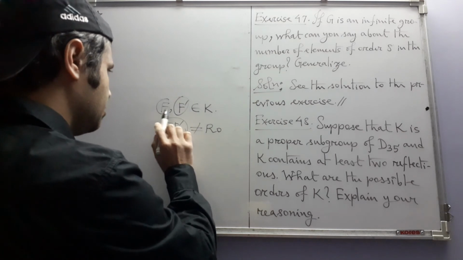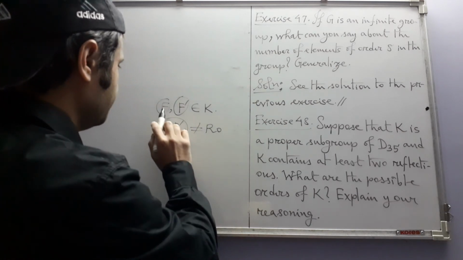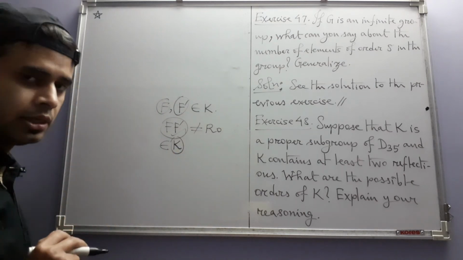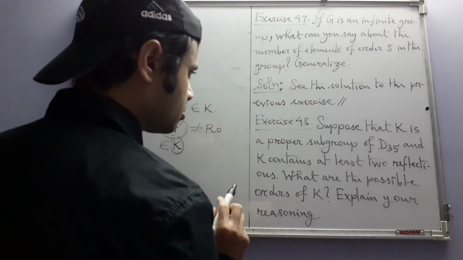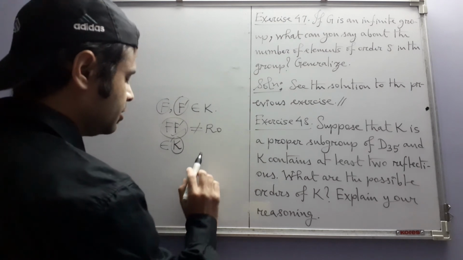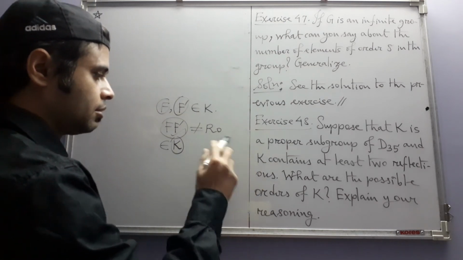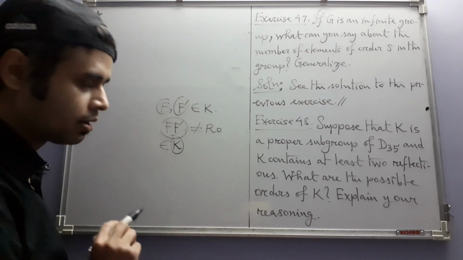Apart from that, the reflections themselves will generate cyclic subgroups of order 2 each. So looking at everything, you can then try to think of the number of elements that K can have.